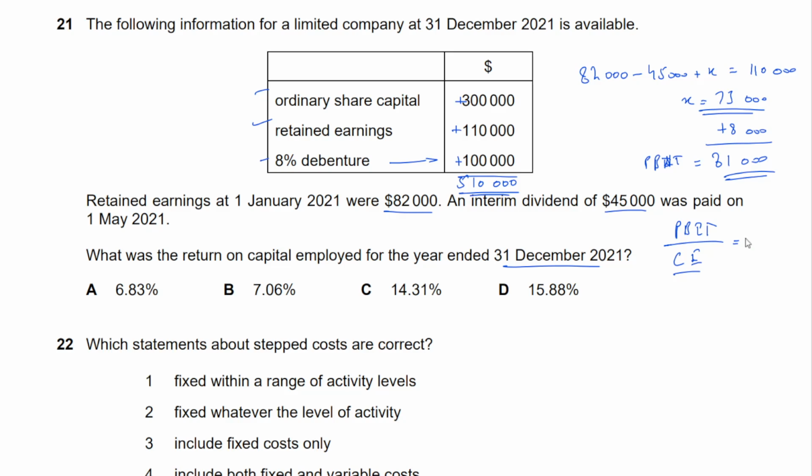Okay, let's put that in the formula. 81,000 over 510,000 times 100 is 15.8. And it's option D. All right, let's move on.